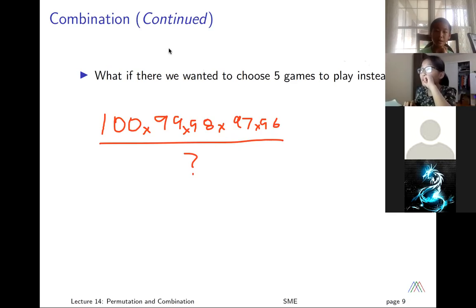What you can think about is that if you chose the games in order, you would play A first and then B and then C, D, and E. However, if you chose 5 games, how many ways can you play these 5 games in order? That would be the number you would divide by.